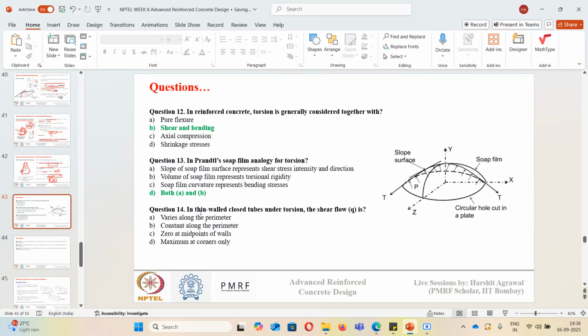Now in thin wall tube theory, under torsion, which point is correct for shear flow? Not shear force, shear flow. So shear flow was equal to torque, torsional force times the thickness of the member.